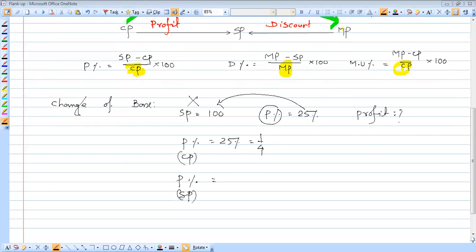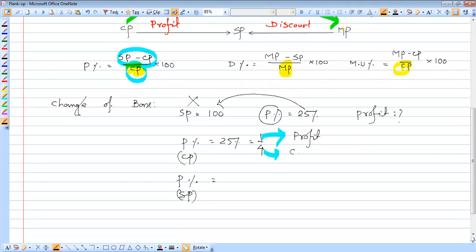If you look at the formula for profit percentage, in the formula, the numerator is the profit, selling price minus cost price. So here, this 1 is the profit, and the base is the cost price, so here this 4 is the cost price.